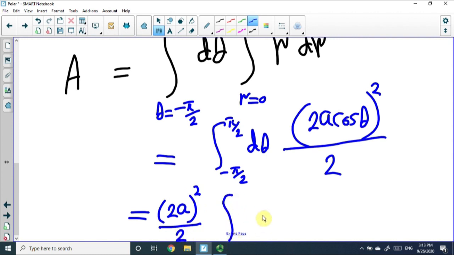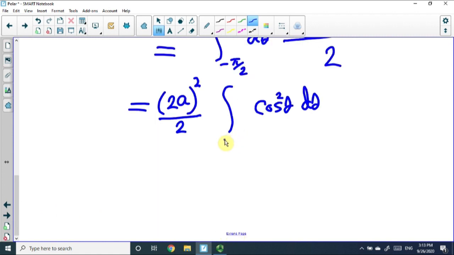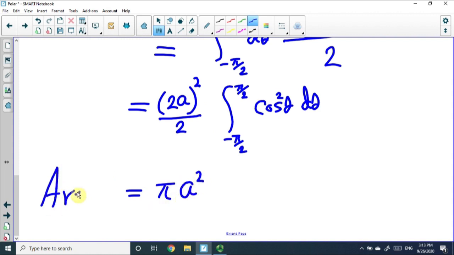And what is left inside the integration is cosine squared theta d theta, which is an elementary integration, with the limits from negative pi over 2 to pi over 2. And you can prove that the answer of the whole thing will simply be pi a squared. So that's the area of the circle, which is what we expected from the beginning, because that's just a circle of radius a. So the area is pi times the radius squared.